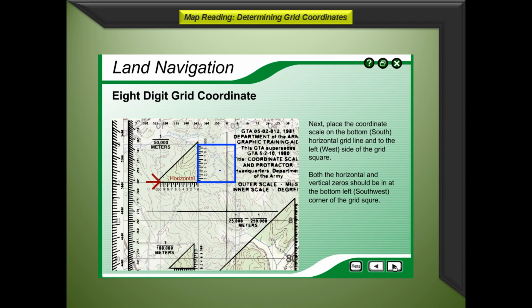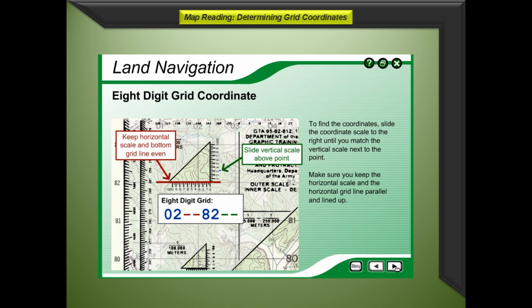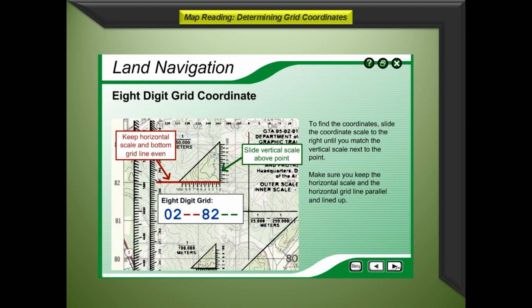As you see, we're still trying to get to this blue dot. So we lined up our triangle on our protractor, and now we are going to begin slowly moving it on over to the right. Now when dealing with 8-digit grids, it is very important that you know there is a little bit of guesstimation involved.